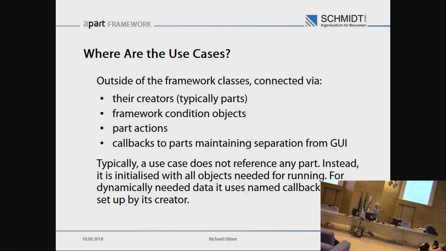It's initialized with all objects needed for running, and the special trick to get some information where the need occurs at runtime, like override yes or no, is done by so-called callbacks, so that the use case expects its creator to provide a means to get those data.